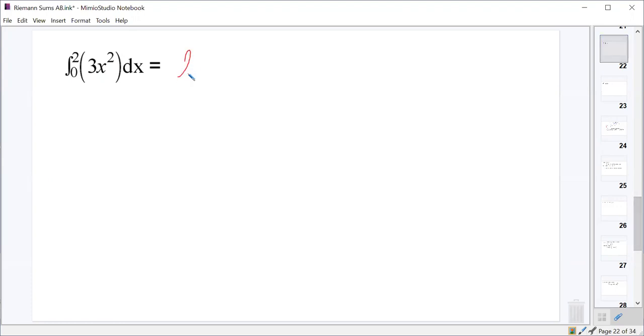So this ought to equal a limit as n approaches infinity of a sum from k equals 1 to n of 3 x sub k squared delta x. With delta x equal to what? 2 over n.